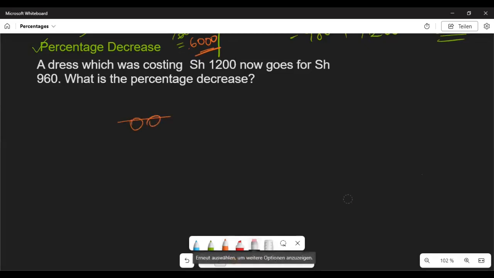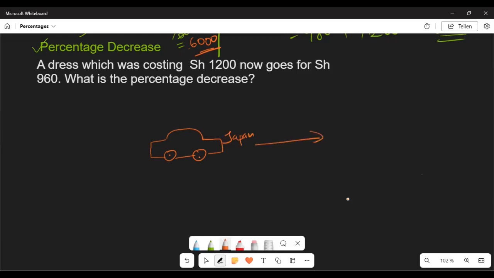So if I am buying a car, if I'm buying this car from Japan, and then I bring the same car to Kenya.